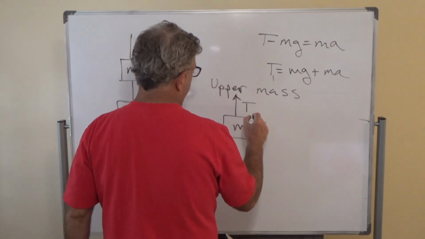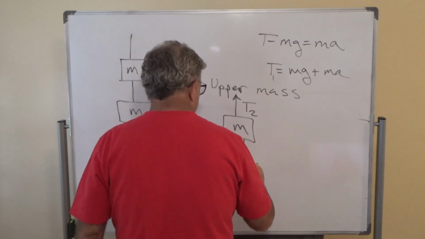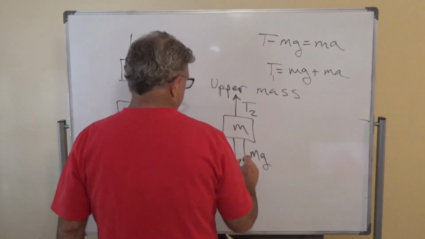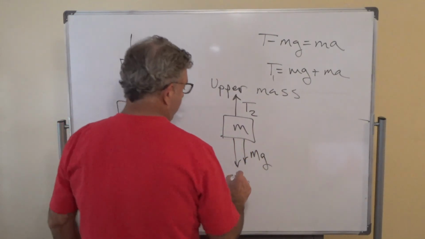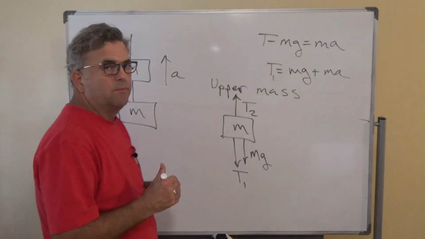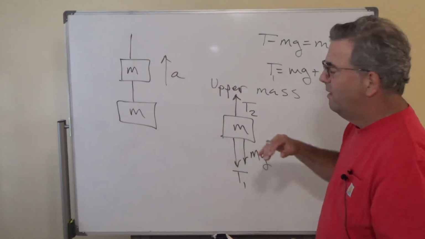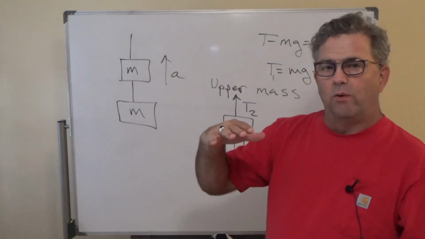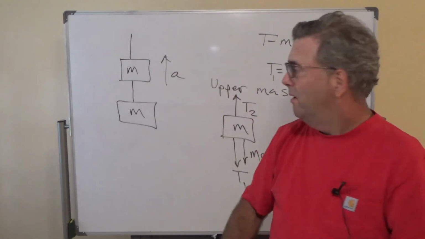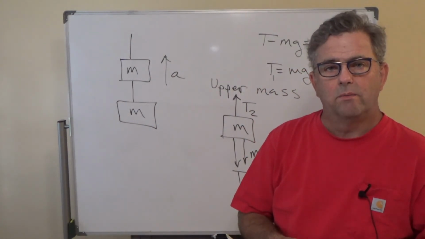I'll call that T2. Then there is the force mg, and from the third law, there is the force T1 in that direction. So the upper mass has to accelerate not only itself, but that mass as well.